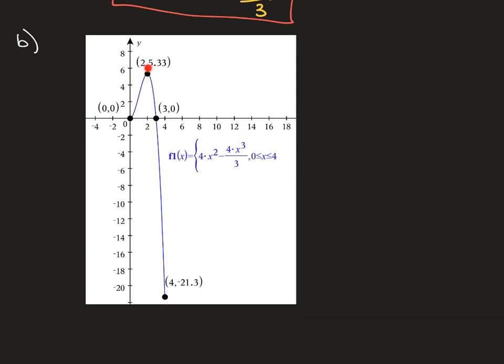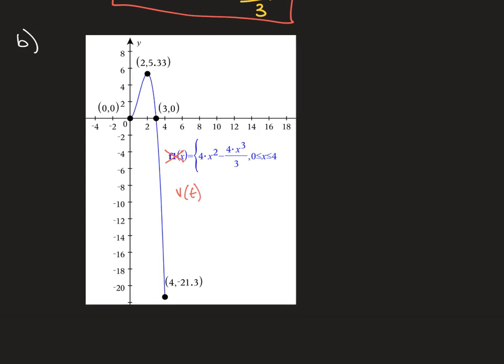This, of course, is the maximum, and this is one of the zeros. So there's my graph there. And interestingly, we have some positive values for our velocity. Let's write this as v of t.